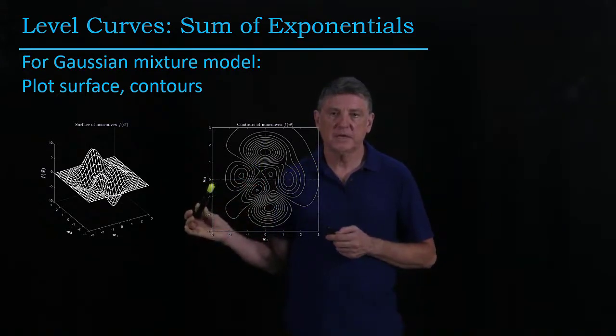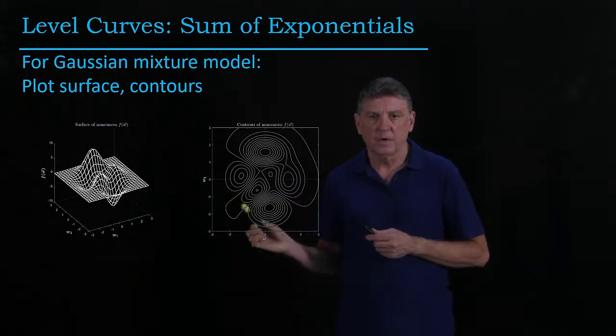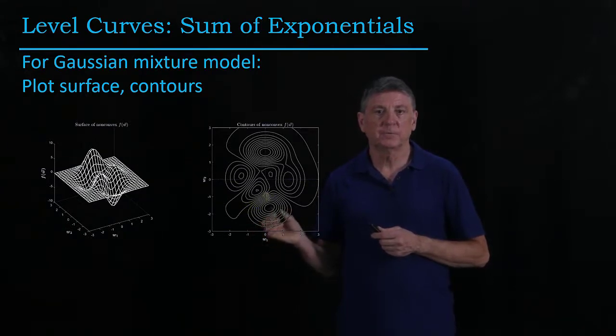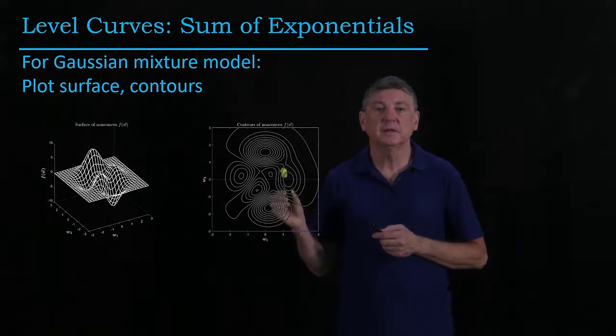I'll draw attention to a few features of this plot. One is that these zones here are places where we're going from peaks to valleys. At this particular one, these contours are coming extremely close to each other.